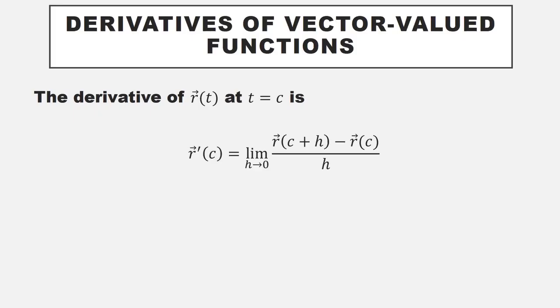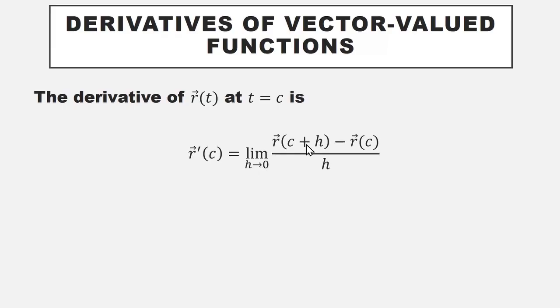Now, by definition, the derivative of the vector valued function at c is the limit as h goes to 0 of our vector valued function when you plug in c plus h minus our vector valued function when you plug in c, and all of that is divided by h. So this is our normal definition of limit. Notice that it uses a limit as h goes to 0.